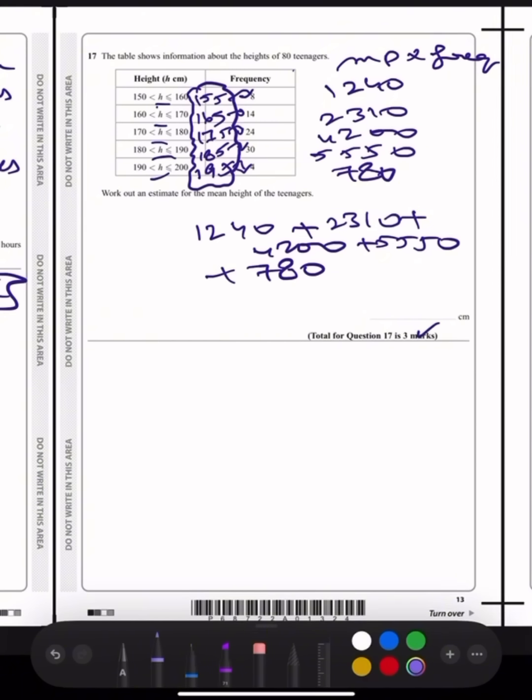Right, after we've done this, we need to find the number below. So how many numbers do we really need here?